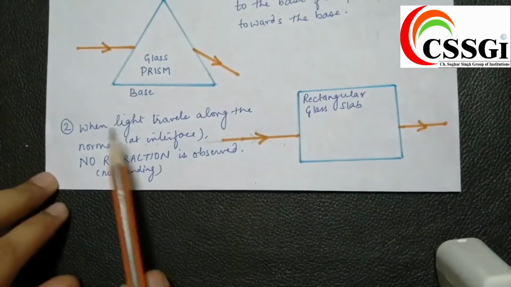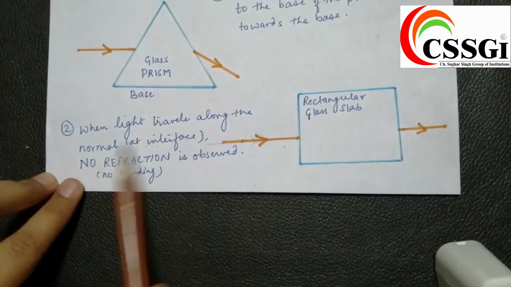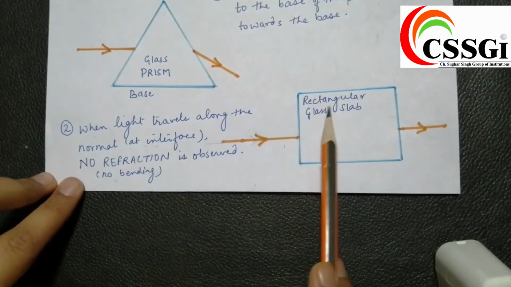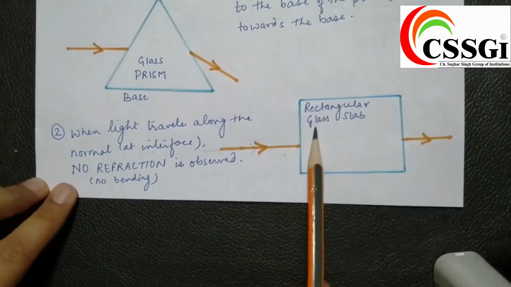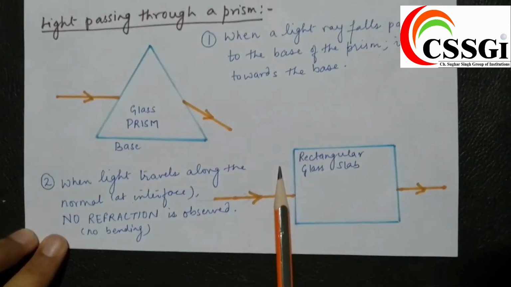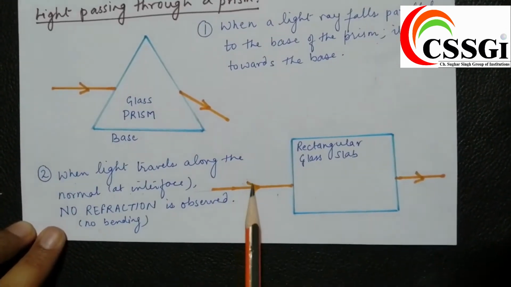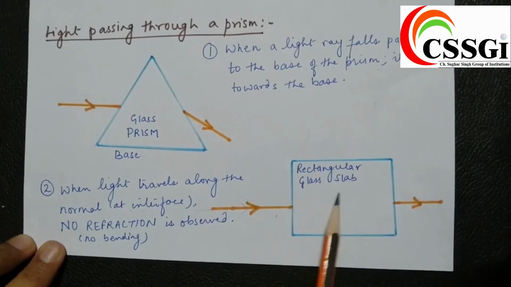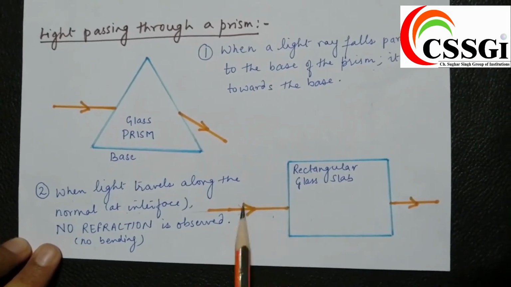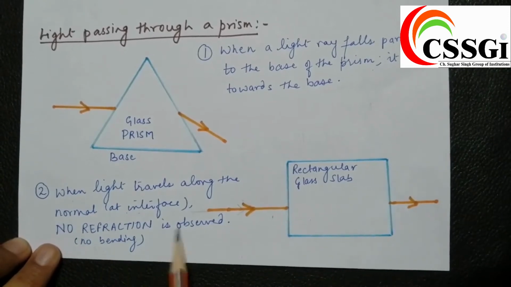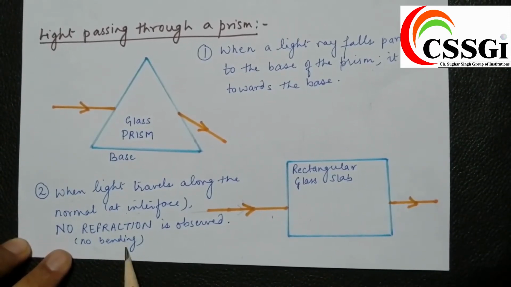Second important point: when light travels along the normal at an interface, here I have taken a rectangular glass slab and here we have air. If you make a light fall on the glass slab normal to the surface, then it passes as it is and no refraction is observed, that is, no bending is observed.